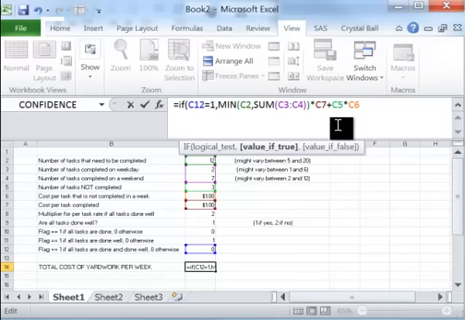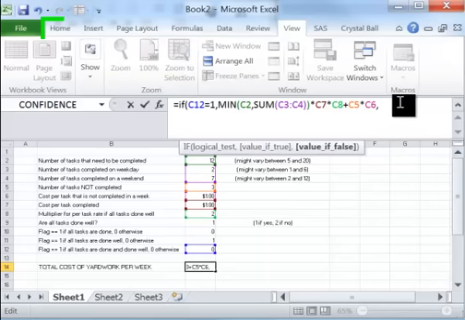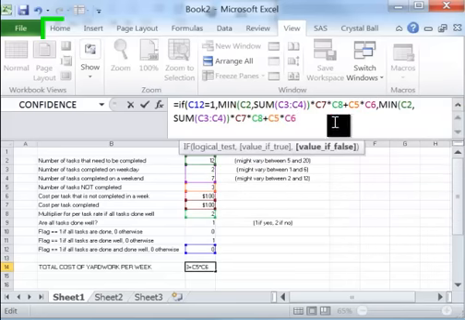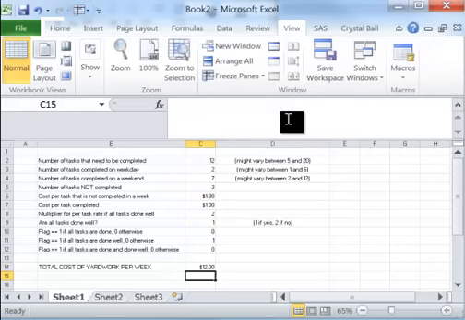But now instead of just the C7, I want to multiply that per task rate by the multiplier, which is here, okay, and then everything else should work. But if the logical condition is not true, this flag is equal to 0, then what I want to return is the formula that we had before. I'm going to copy it, paste it, but I want to take out that multiplier. I don't want to multiply the multiplier if the flag for all tasks being done in the week and done well is not equal to 1. So I want to return what I had initially had in my cost formula.